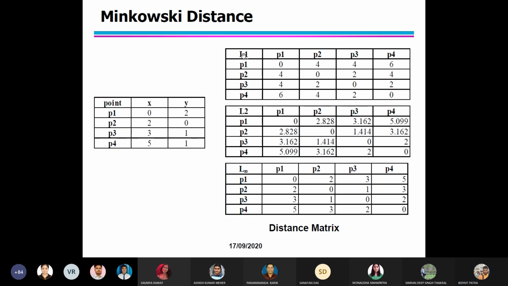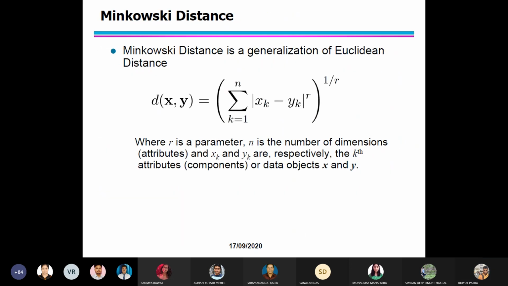Okay, I think you can follow me, right? Yes, sir. Very good. Now there is nothing to tell about the Euclidean distance. So now we go for P1 and P4 for the L infinity norm. The key formula is like this, with infinity and 1 by infinity. Infinity means wherever the difference is maximum, that will take the lead.